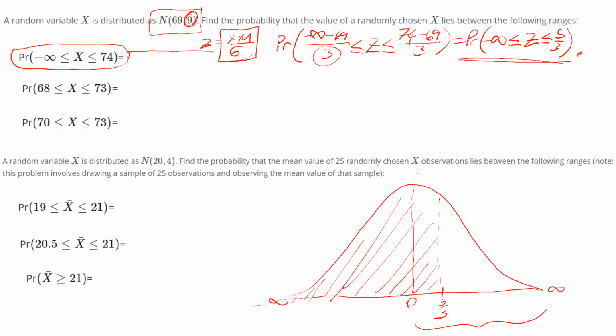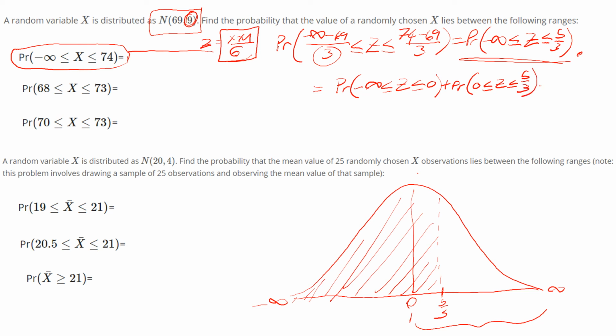The way we do that, as we said, we split it up always at the point of 0. The probability that Z lies between minus infinity and 0 plus the probability that Z lies between 0 and 5 over 3.